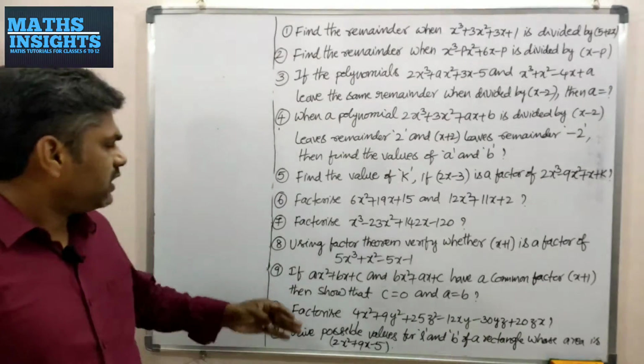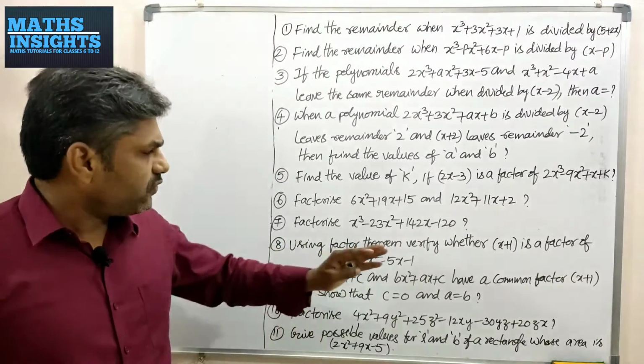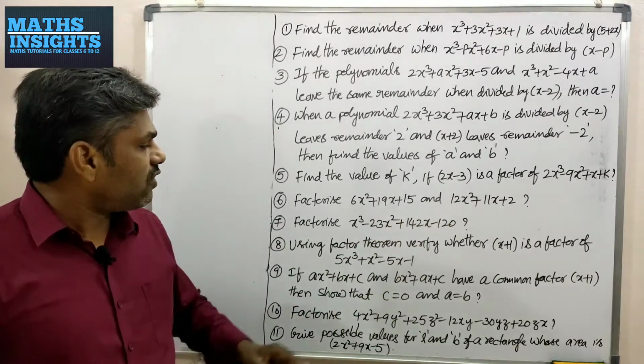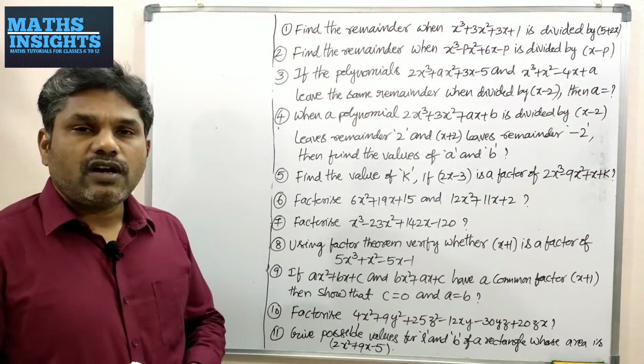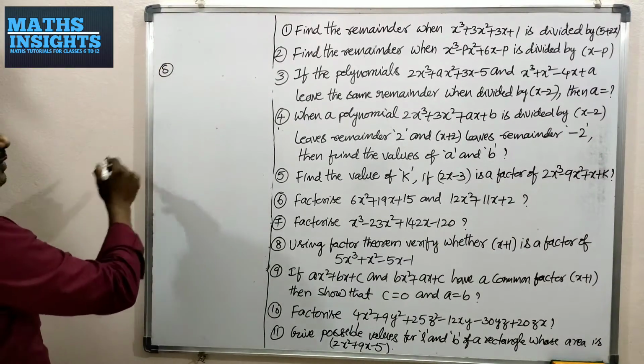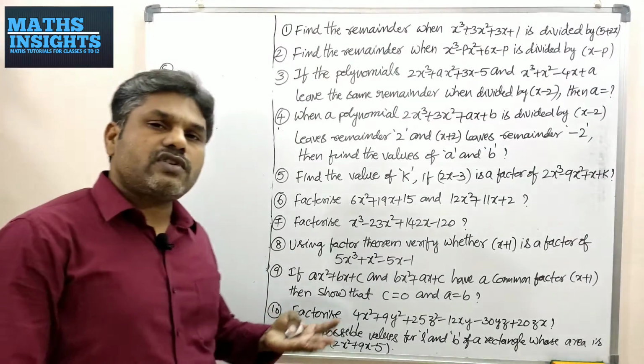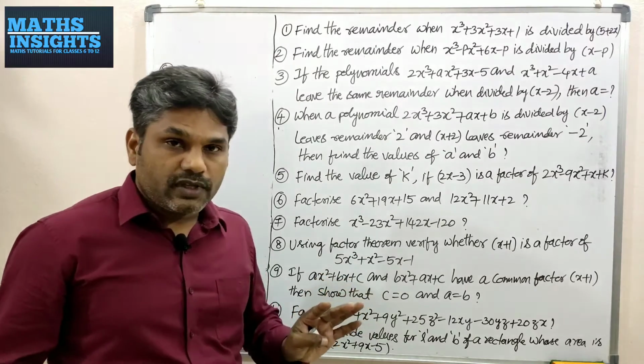Coming to the eighth problem. The eighth problem is also the same. Using factor theorem, verify whether x plus 1 is a factor of the given polynomial or not. Very simple. You have to assume its name as p of x. You may assume p of x or q of x or g of x, whatever it may be.